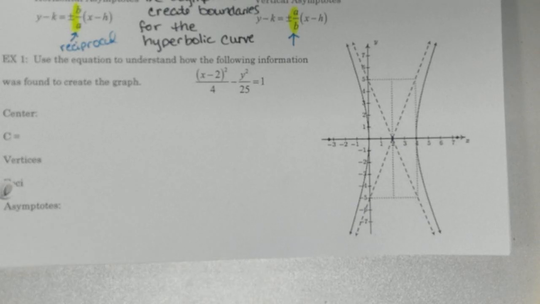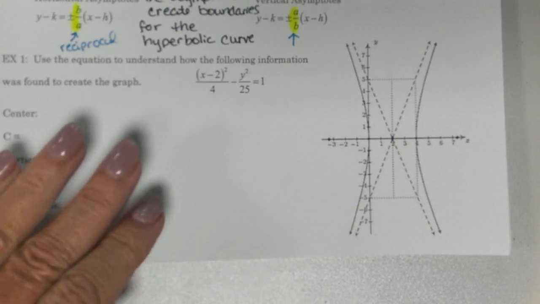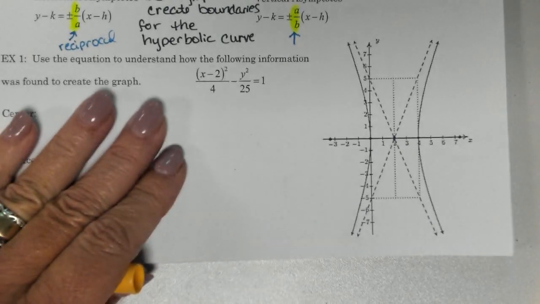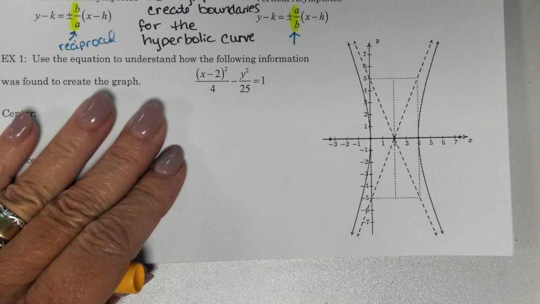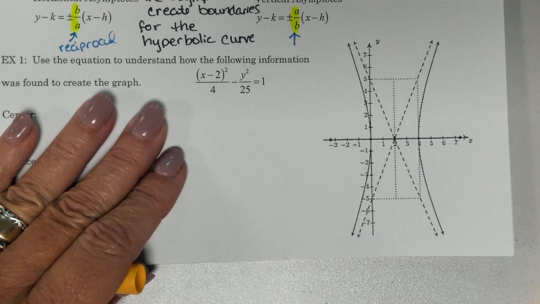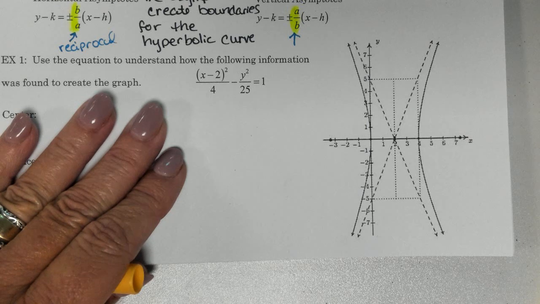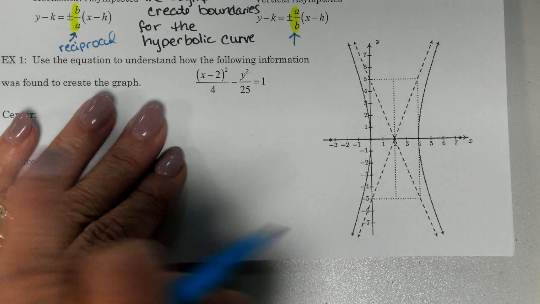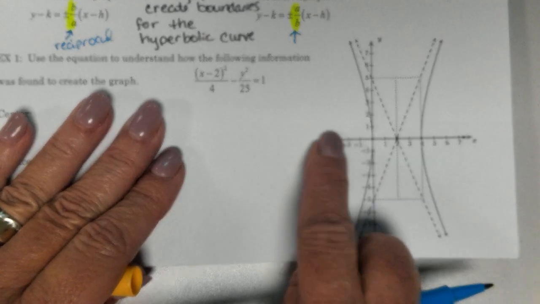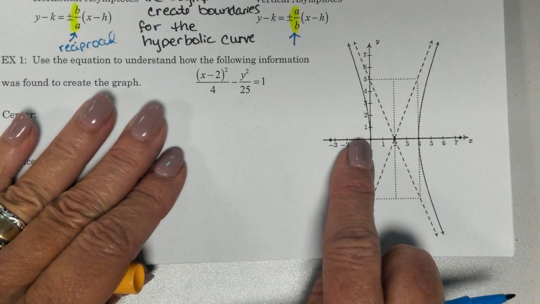Looking at the equation, how do we know if it's vertical or horizontal? Which variable's first? The x. So therefore it's going to be horizontal, opening up on the x-axis. Okay, so this is your horizontal.